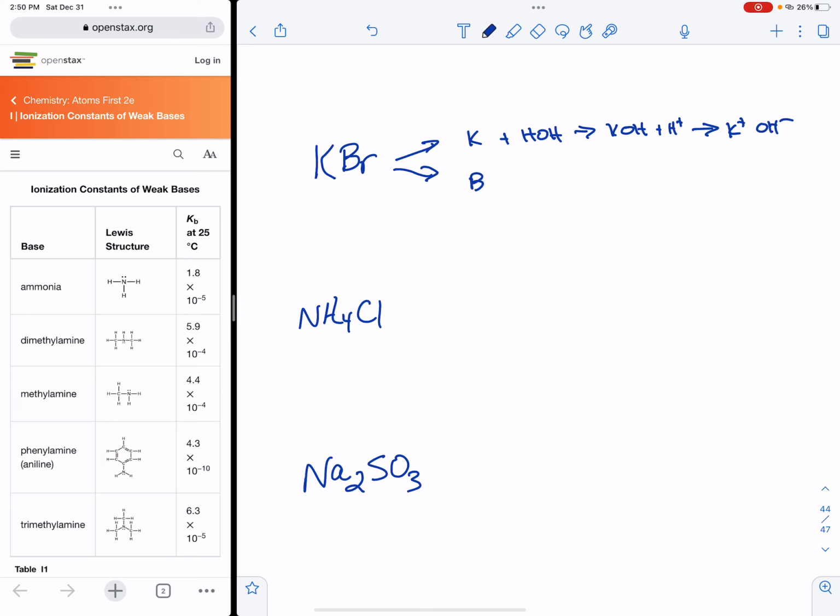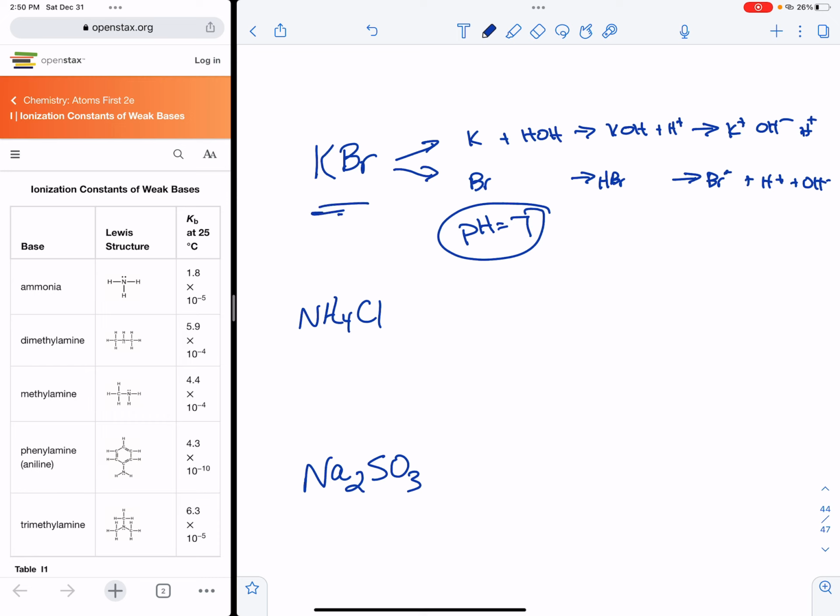And then the same thing actually happens with the Br. It's going to end up making HBr, which doesn't stay together in water. It's not attracted in water. So you're just going to be left with just the water. Basically nothing's going to happen. When that's the case, you don't need to write an ice chart. All you do is say, okay, the pH is 7. So don't let yourself go off and try to write an ice chart when you already know the pH is 7.